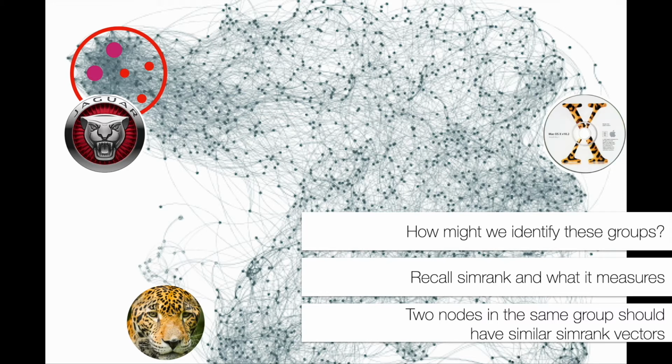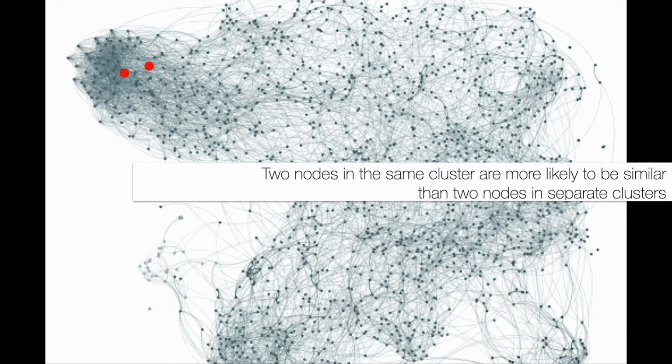What's valuable here is that these two nodes you might have clicked on, these two purple nodes, should have very similar SimRank vectors. Regardless of whether you start on the node on the left or the node on the top, you're just as likely to end on one of these other three high SimRank nodes. So this gives us a nice insight: if we look at two random nodes that are close together in the graph, we should expect them to be similar to each other.